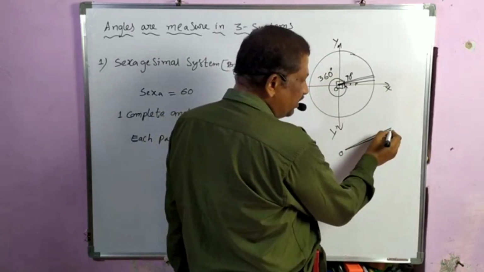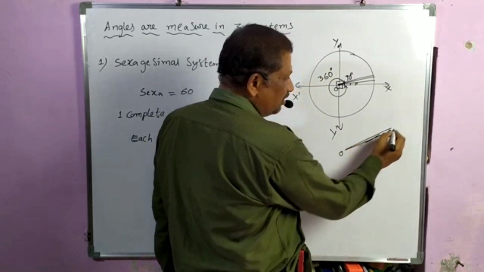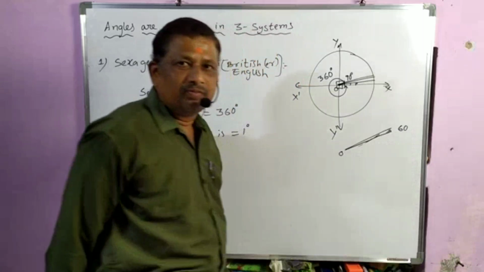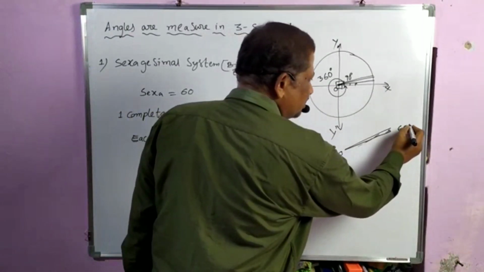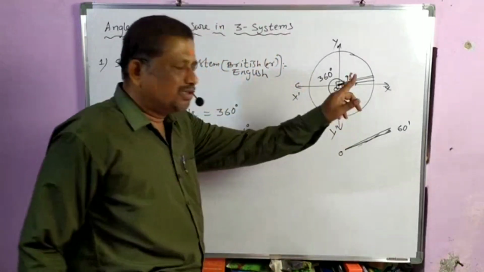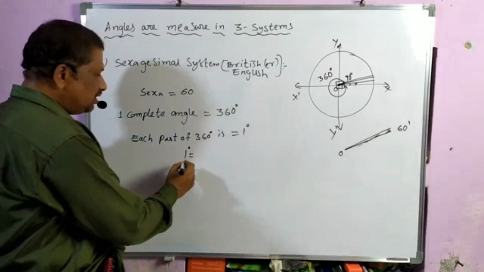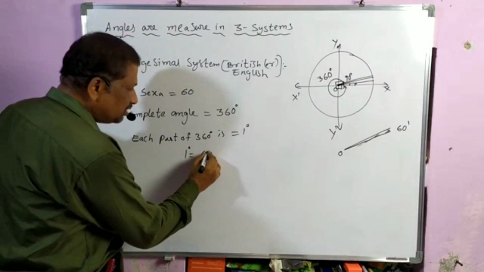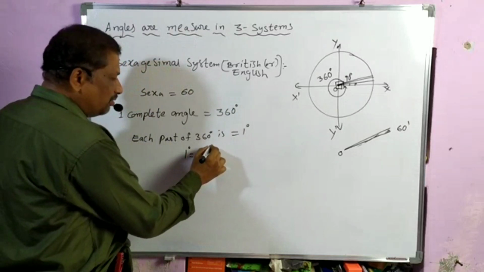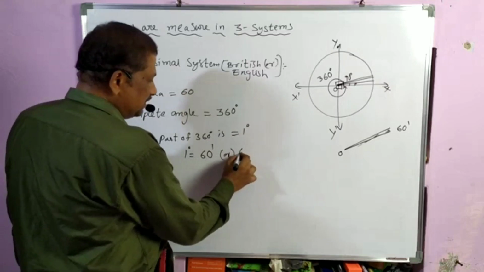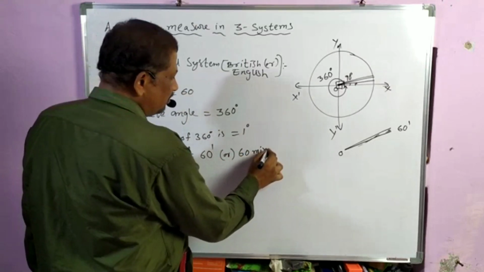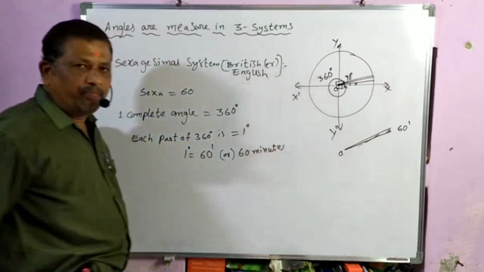This is further divided into how many parts? 60 parts. So each part is called a minute. It is denoted by a simple dash. So 1 degree is further divided into 60 equal parts, called minutes. Okay, clear?